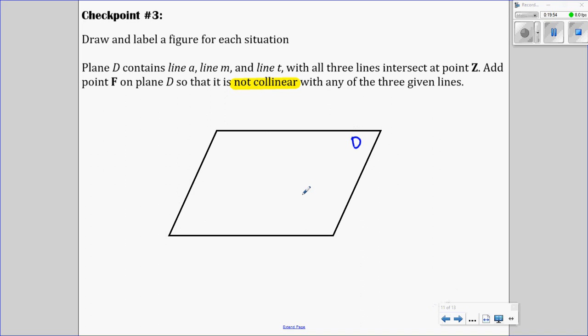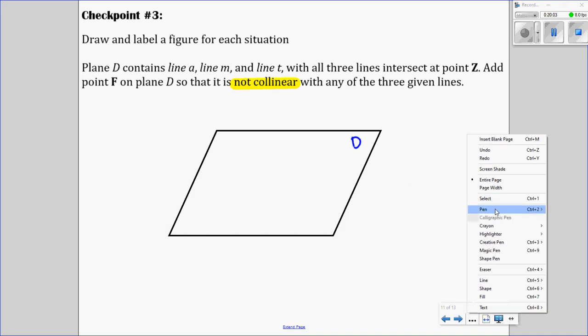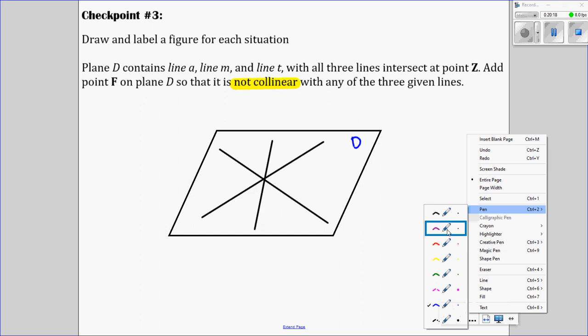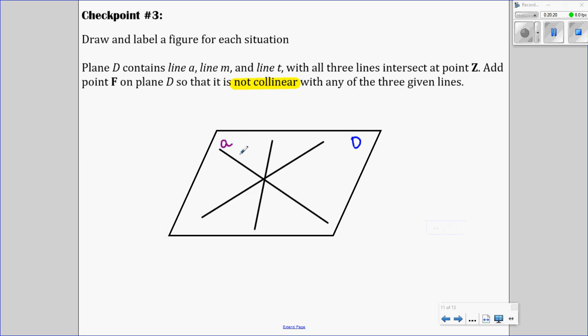It says it contains line A, line M, and line T, with all 3 lines intersecting at point Z. So I'm going to draw my lines and label them. So I have one line, another line, and then another line. One of them is line A, the other one is line M, and the other one is line T. And they all intersect at point Z.